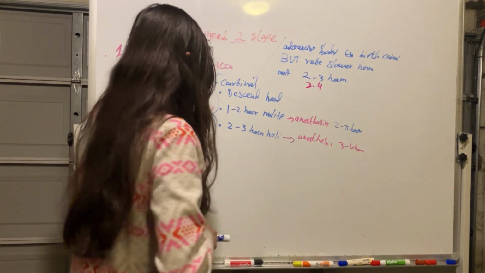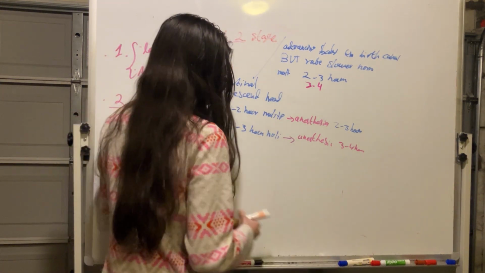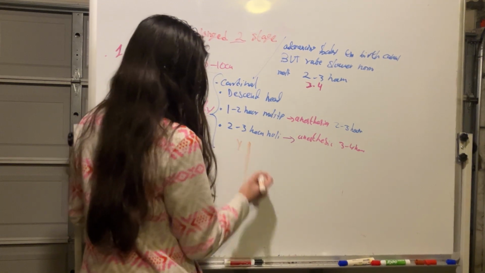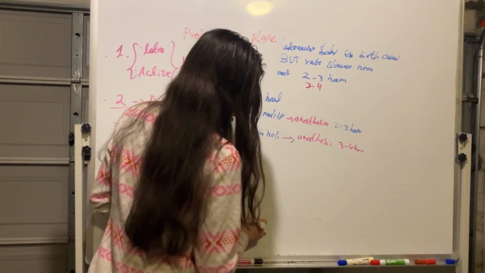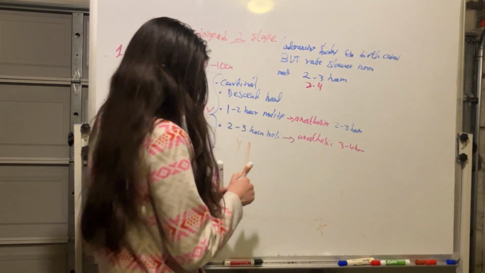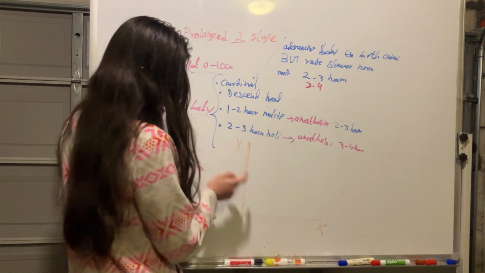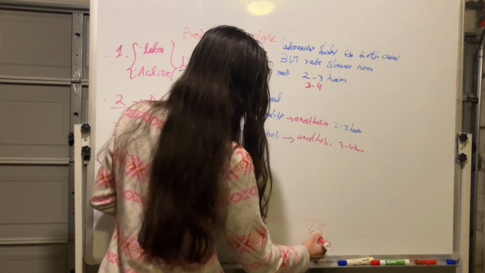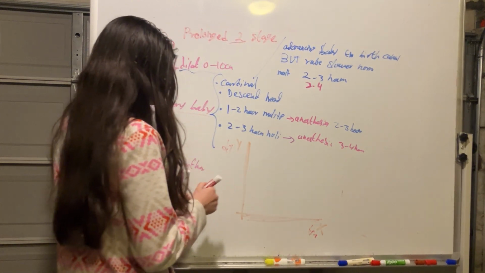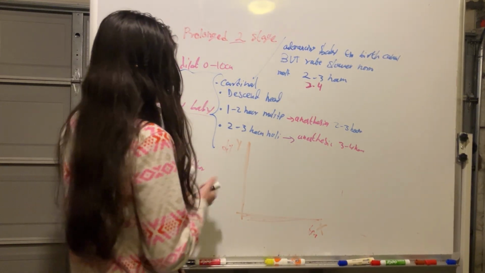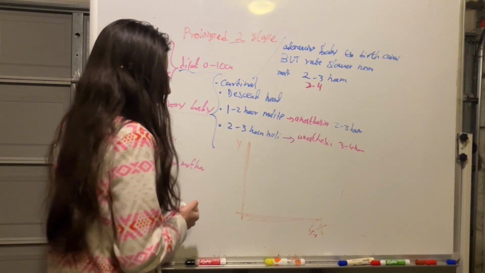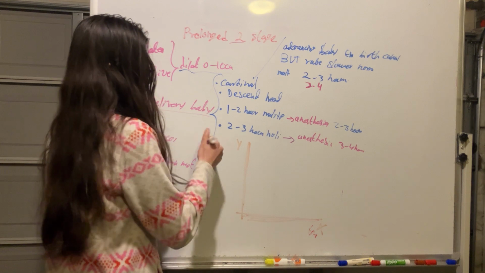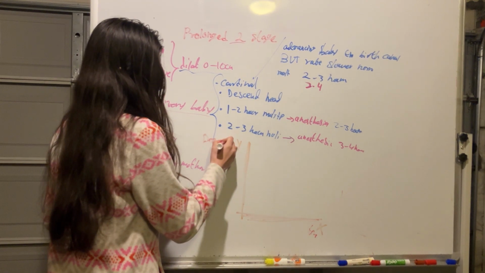If we graph this, this is the y-axis and this is the x-axis. Here we have descent of the fetal head, and here we have time. Sorry, this is not dilation of the cervix. This is descending of the fetal head.